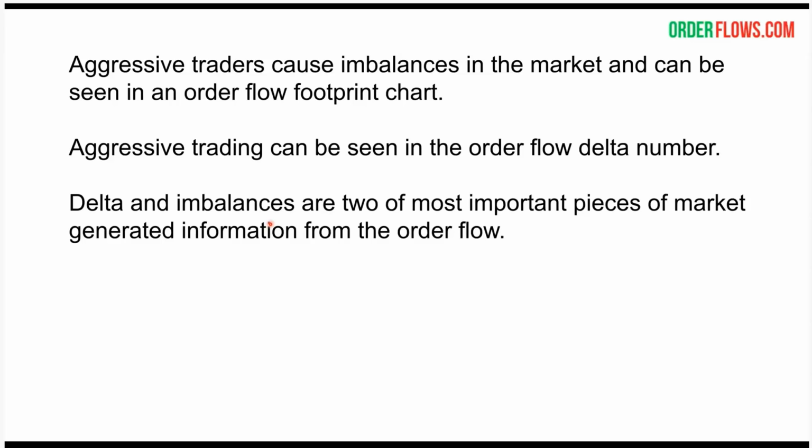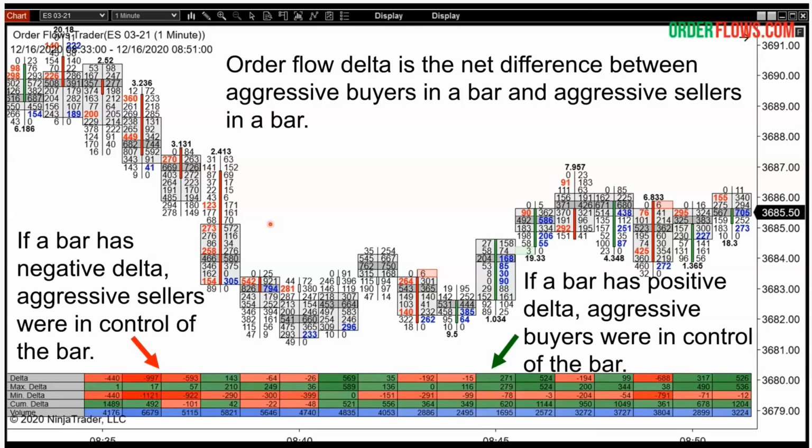Now, aggressive trading can also be seen in the order flow delta number. So delta and imbalances are two of the most important pieces of market generated information from the order flow. Now, just really quick, order flow delta, don't confuse it with options delta, which is something completely different. In order flow, delta is the net difference between aggressive buyers in a bar and aggressive sellers in a bar.